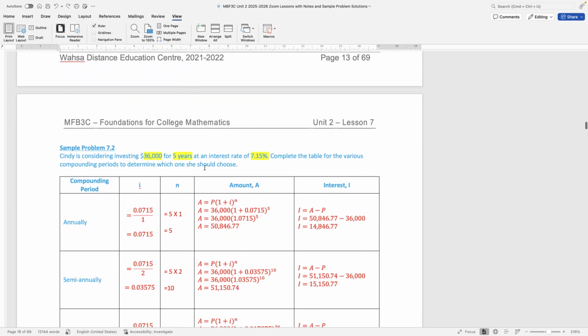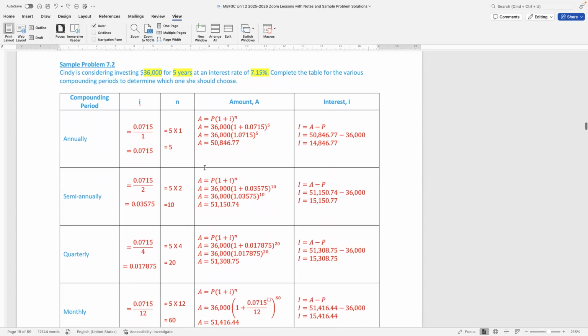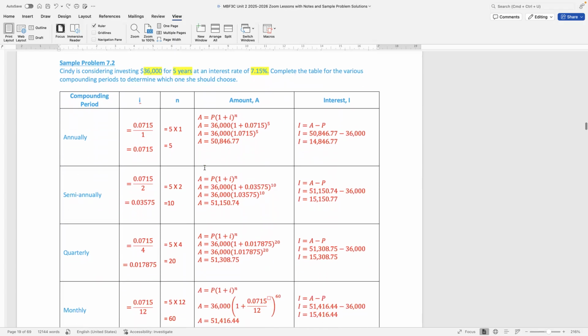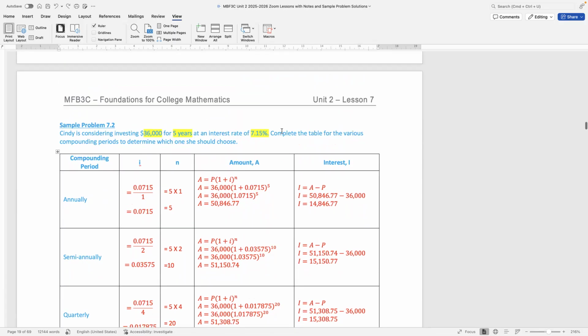So now we're going to take a look at sample problem 7.2. Cindy is considering investing $36,000 for 5 years at an interest rate of 7.5%. And again, I should put that in there, per annum, which means per year.